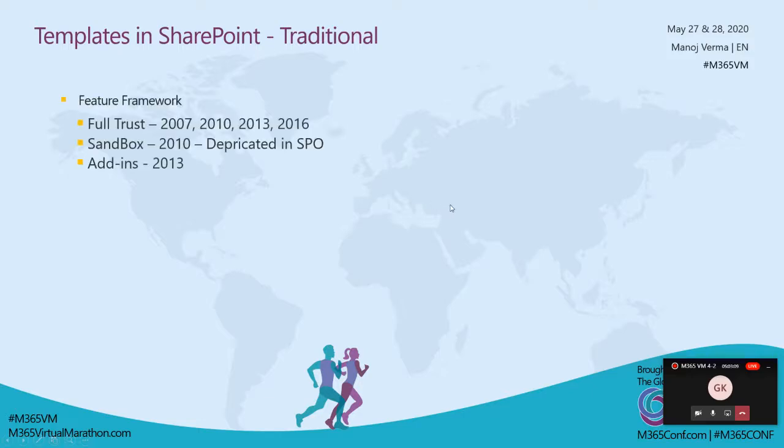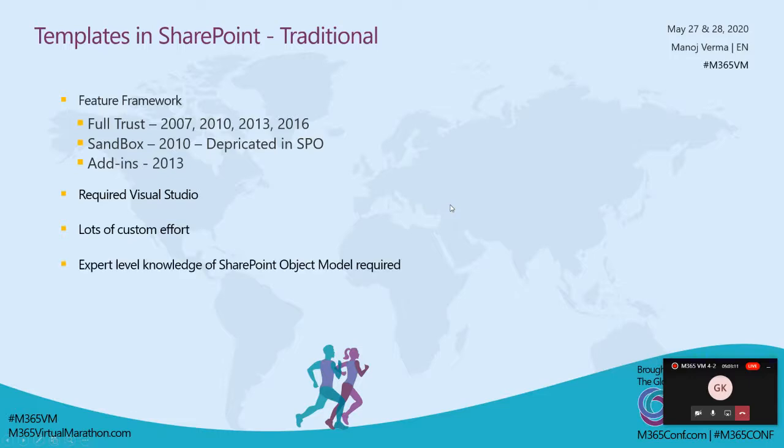For the traditional on-prem environment, we had to use something called feature framework that would involve building full trust solutions for 2007, 2010, 2013, and 2016. Then we had some options to use sandbox solutions, which were available starting 2010, but then they are no longer available in SharePoint Online, so that's not an option.